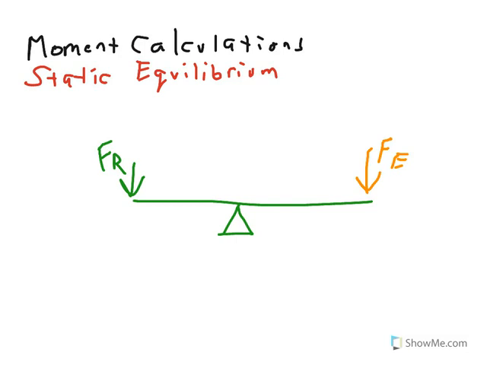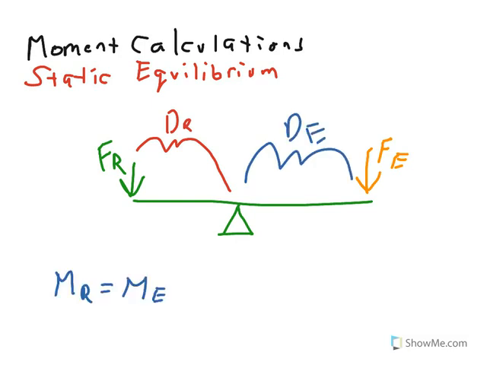To have static equilibrium true, I have my distance of resistance labeled here, and my distance of effort labeled here. So MR, or my moment of resistance, is equal to my moment of effort.